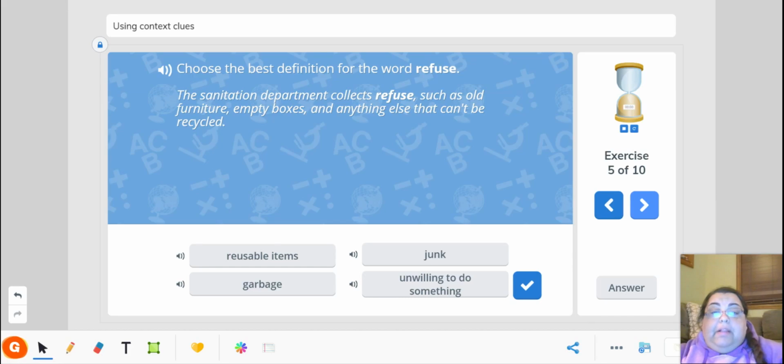The sanitation department collects refuse, such as old furniture, empty boxes, and anything else that can't be recycled. Go ahead and give that 15 seconds. Does refuse mean reusable items, junk, unwilling to do something, or garbage?